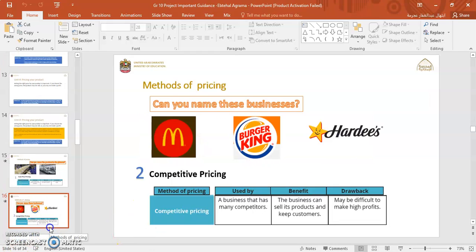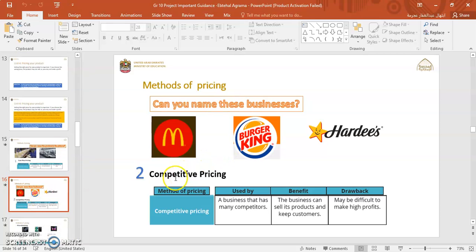Another pricing strategy is competitive pricing. It is used by a business that has many competitors. A benefit is that the business can sell its products and keep customers. A drawback may be difficult to make high profits.